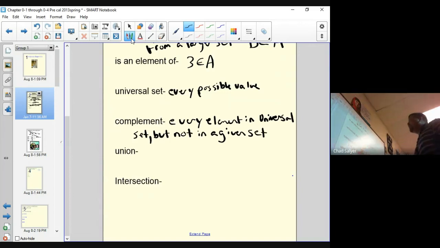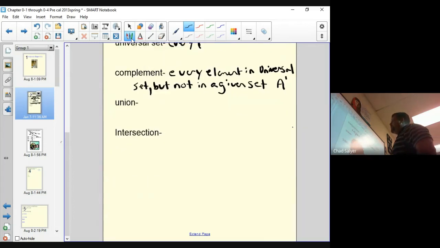So if I want the complement of A, I would look at the universal set, and everything that's not in A but is in the universal set would be A's complement. And that's written like this. A with a little tick mark means the complement of A.